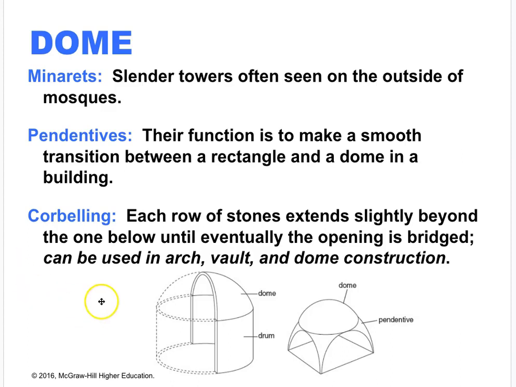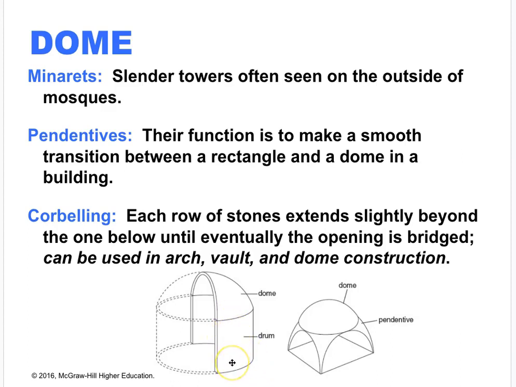So let's see if we can see that happening a little bit here. So these are the pendentives. Do you see how they can hold up the dome? And they make a transition between the rectangle and a dome in a building. And then, as I said before, this is like the Pantheon.